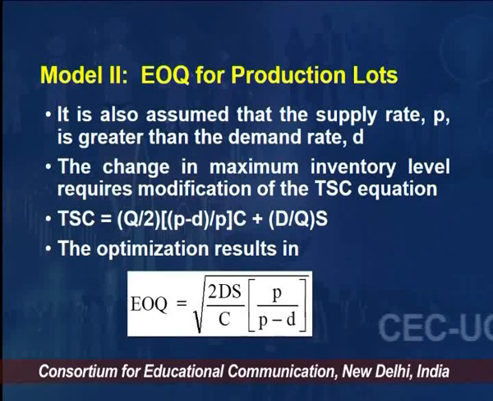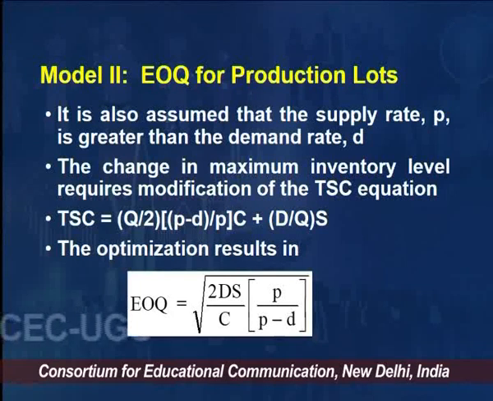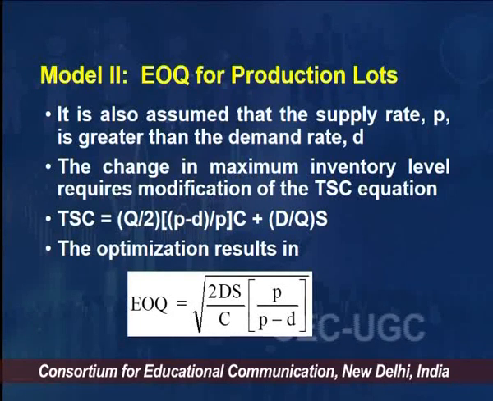So the optimization results in economic order quantity equal to under root 2DS upon C into P upon (P minus D). So this equation has been derived through derivation. Here you have to remember that P is the production of units on per day basis and D is the demand on per day basis.